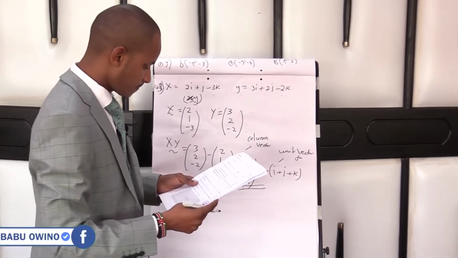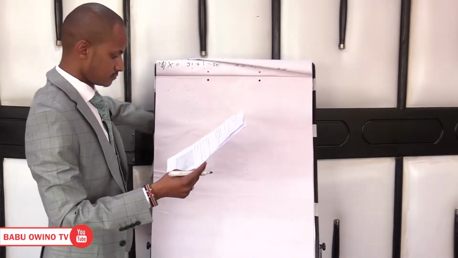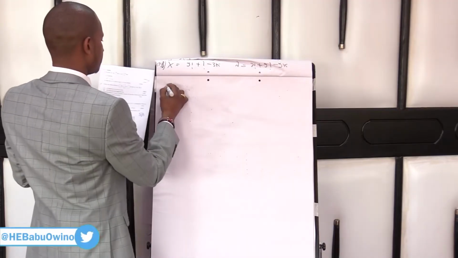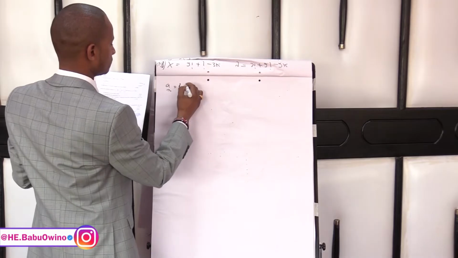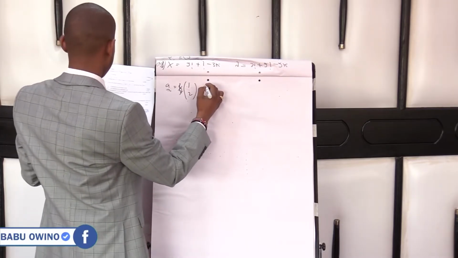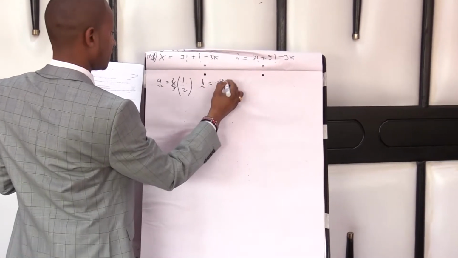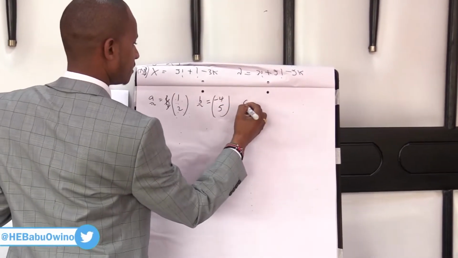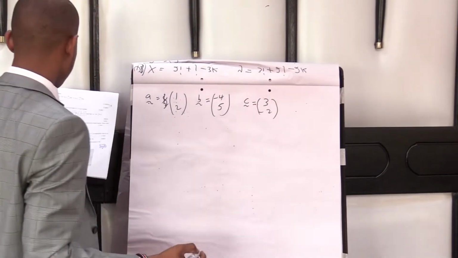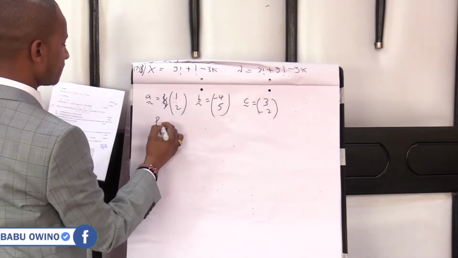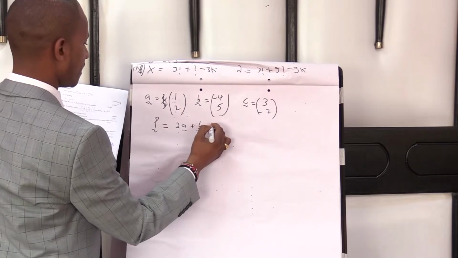Next question. Given that A equals to 1, 2, B equals to minus 4, 5, C equals to 3, minus 2, then you are told that P equals to 2A plus B minus 3C.